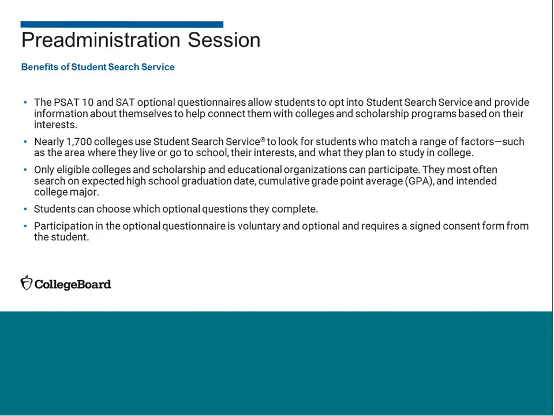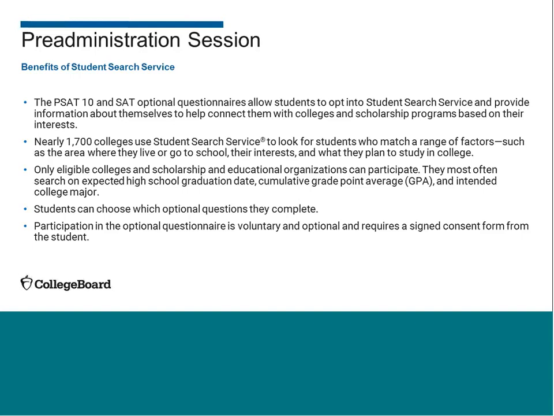The benefits of participating in the optional questionnaire are really centered around Student Search Service. For PSAT 10 and SAT, the optional questionnaires will allow students to opt into Student Search and provide information about themselves that allows them to connect with colleges and scholarship programs based on their interests. We have nearly 1,700 colleges that participate in the Student Search Service.